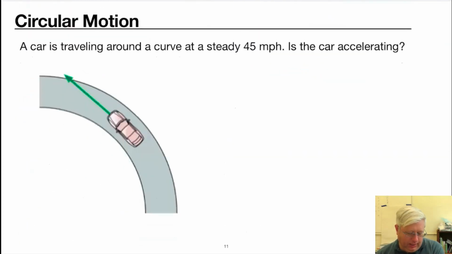So if we look at a car going around a curve and it's moving at a steady 45 miles per hour, can we say, is the car accelerating? Well, yes, it is, because acceleration is a vector quantity, which requires either the speed or the direction to be changing. And since it's going around a curve, that direction is constantly changing.